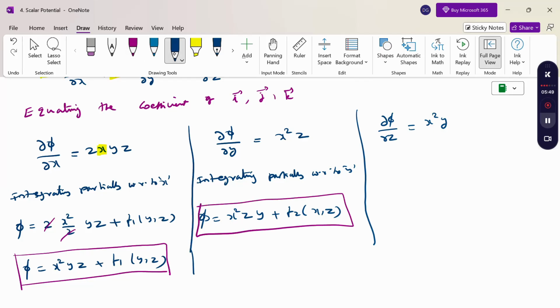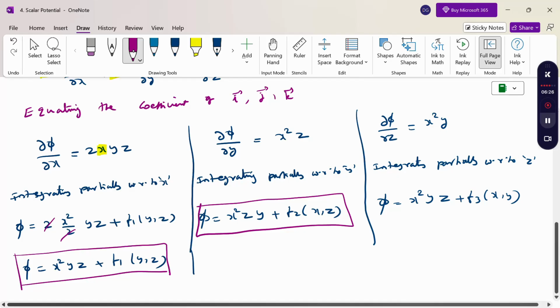And then the third term, integrating partially with respect to z. The left hand side is pi, and on the right hand side x square y is a constant; integrating gives z plus f3 of x comma y.